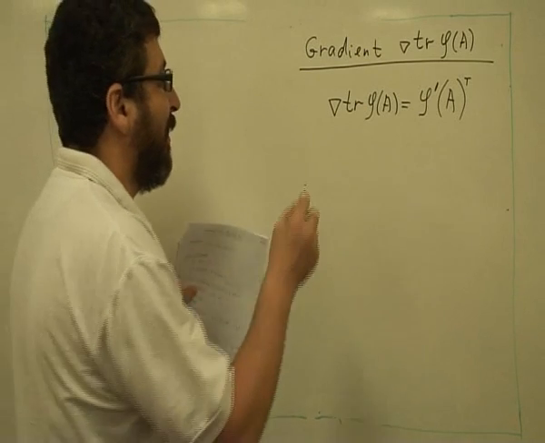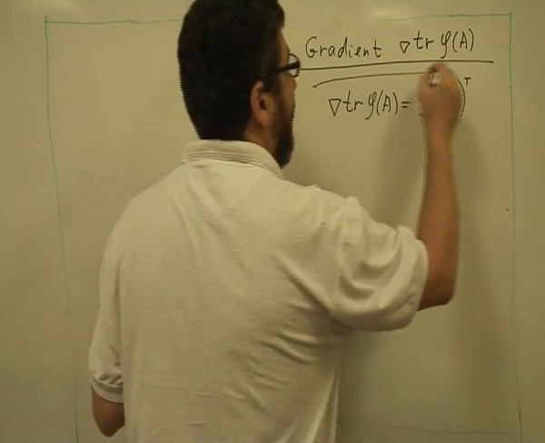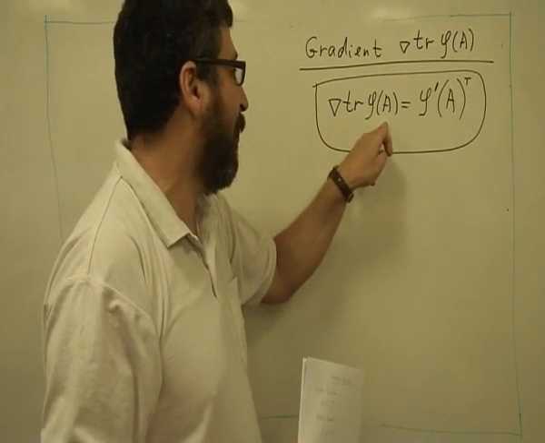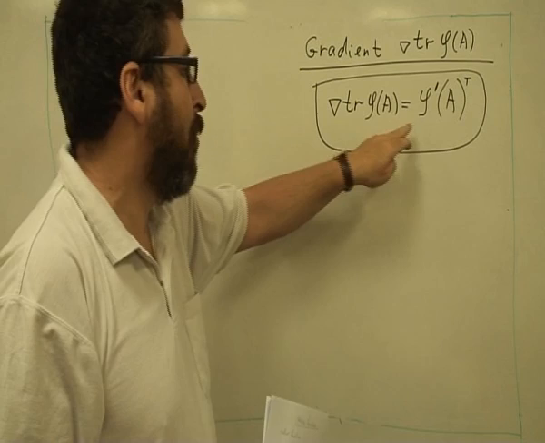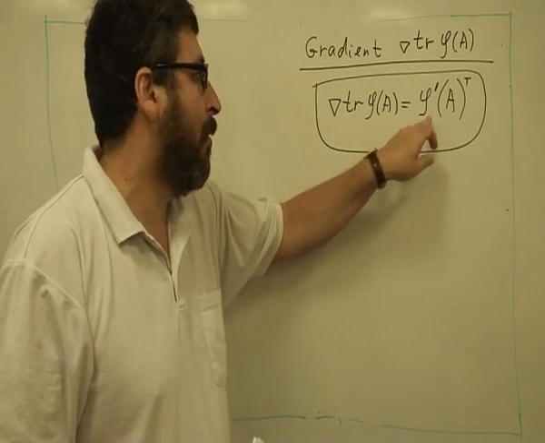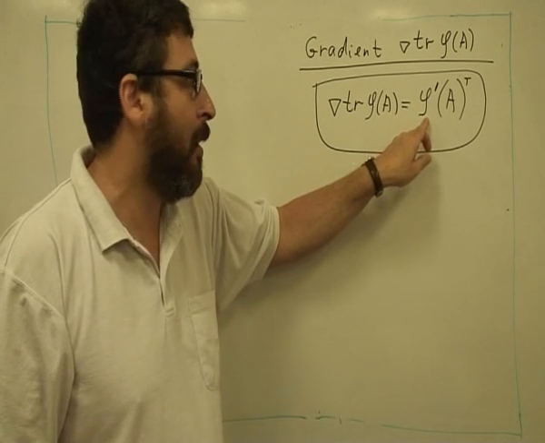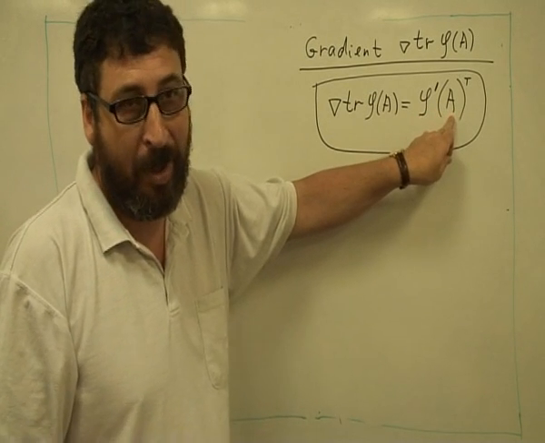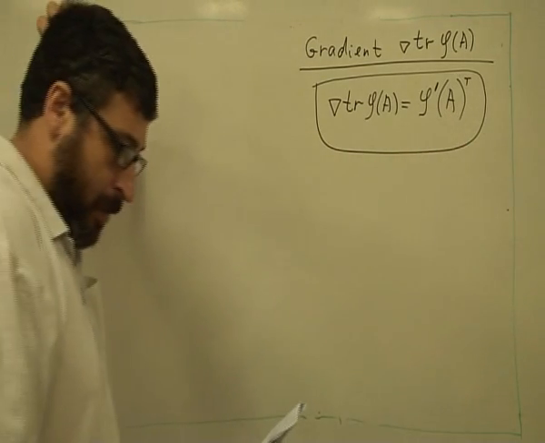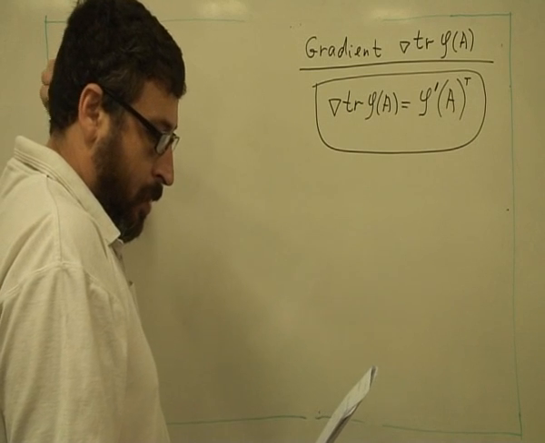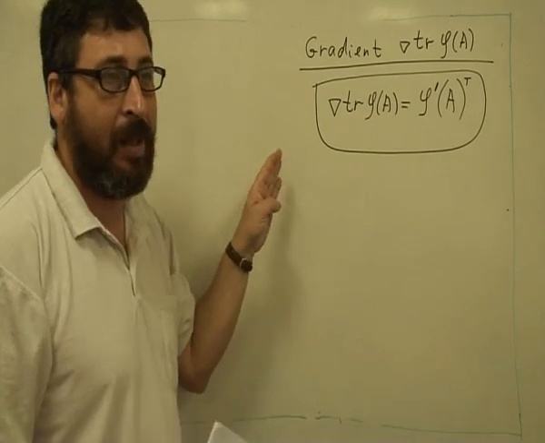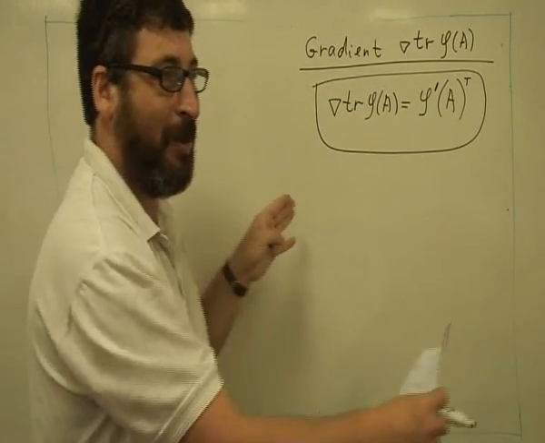And the claim is that in order to compute the gradient of trace phi of A, you just take the scalar function's derivative, phi prime, apply it to matrix A and take the transpose. We will not get a full proof of this. It's a bit long expression.